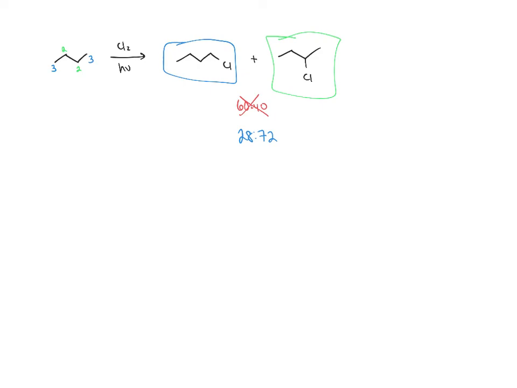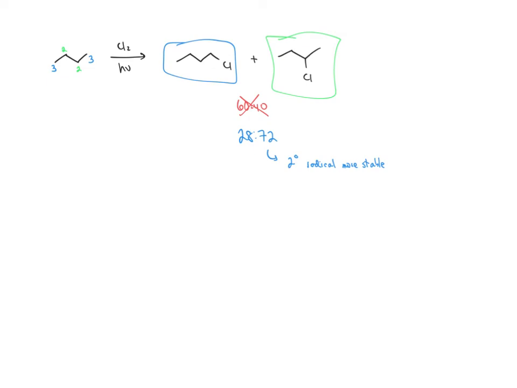The reason is that the secondary radical is more stable. So when you're undergoing the propagation step, you're always going to generate the more stable radical. So the hydrogen atom at the secondary position is abstracted faster.